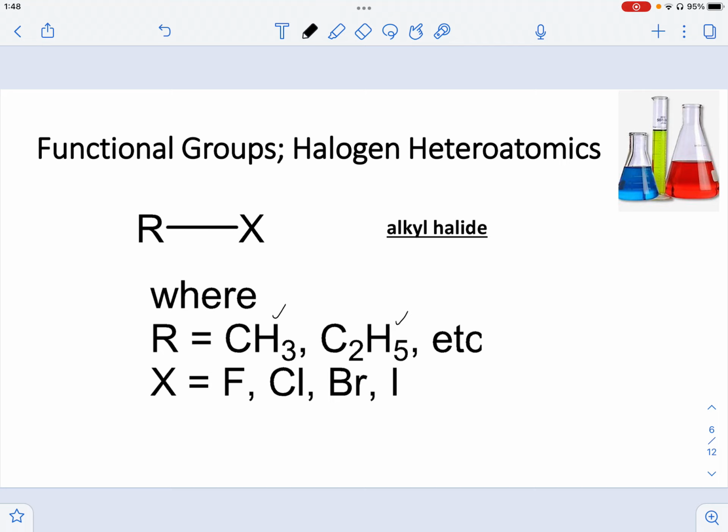These are just the chemical formulas for those, etc. What that means is that the R group can be any carbon chain. Now, the reason why this is called an alkyl halide is because X represents the elements from group 7A in the periodic table. What that means is that X, that halogen, can be fluorine, chlorine, bromine, or iodine.